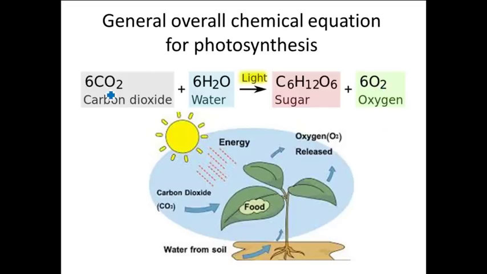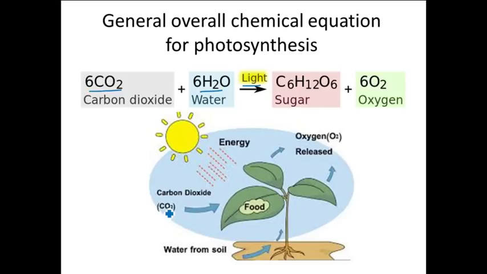Okay. So the inputs that go into photosynthesis, and remember these are actually really complex processes that go through many, many, many steps, but this simplifies it. So what goes into photosynthesis are 6 carbon dioxides, 6 water molecules, and light energy, so energy from the sun. Okay.